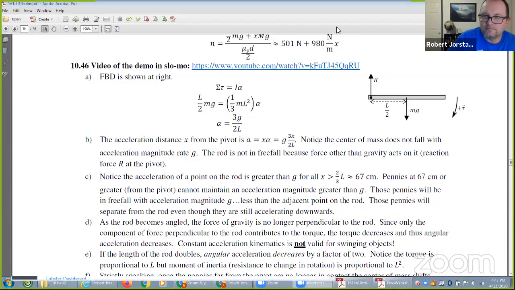So if you shoved in 2/3 for x, you get g. If you stick in a value bigger than that, you get an acceleration bigger than g. That means the rod is going to accelerate away from the pennies, and the pennies above it will be in free fall for all pennies above about 70 centimeters.